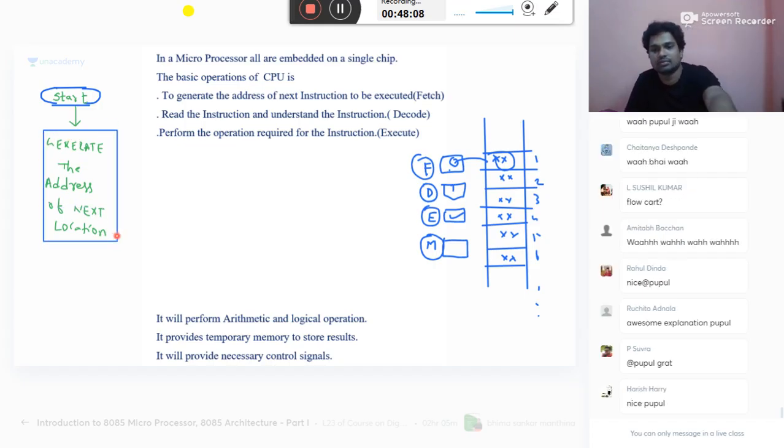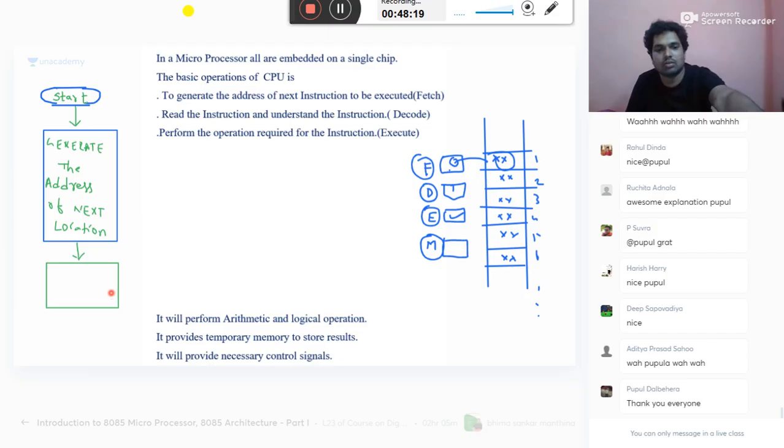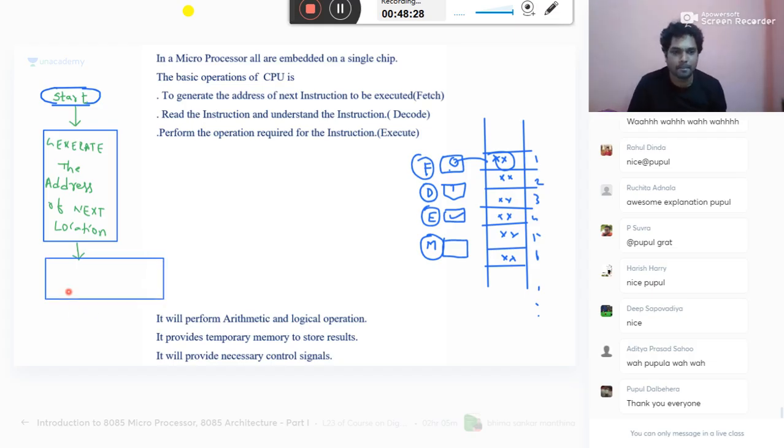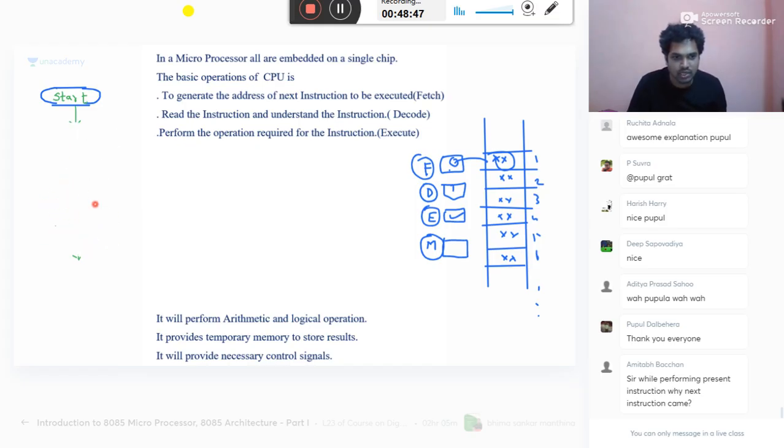Okay. See here. See here. Just wait. I've made it better. Just wait, Amitabh. Let me complete the table, then you can understand it. Okay. That's why I'm making this table.